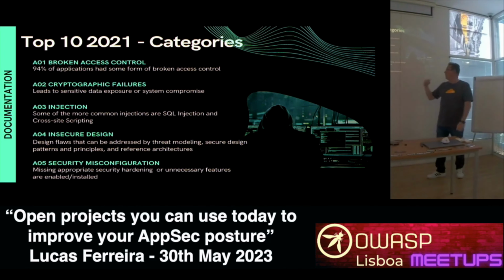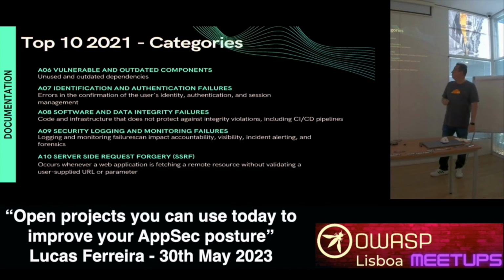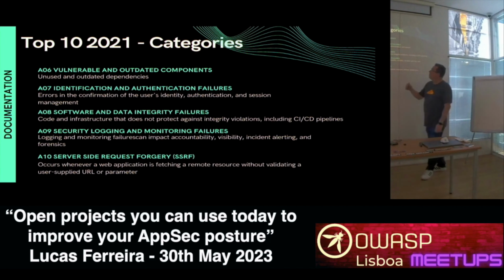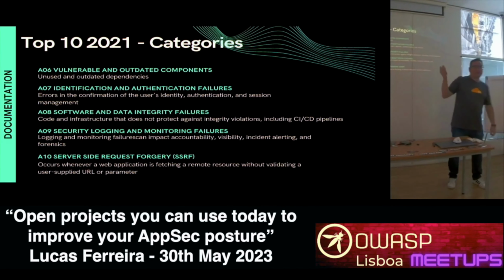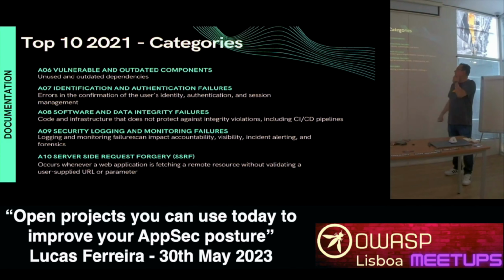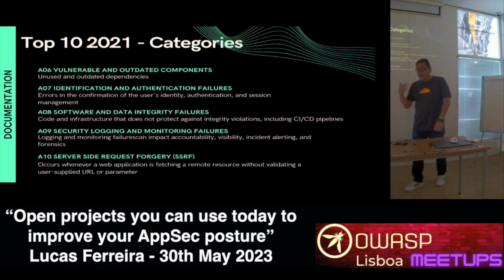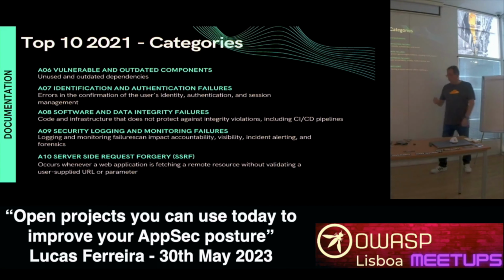Those things are going to be listed and described. I think Snake is going to be happy that we have here the outdated components. We have tools to help us, but that's a risk and we should take care of it. And we have other categories that we should be taking care of.